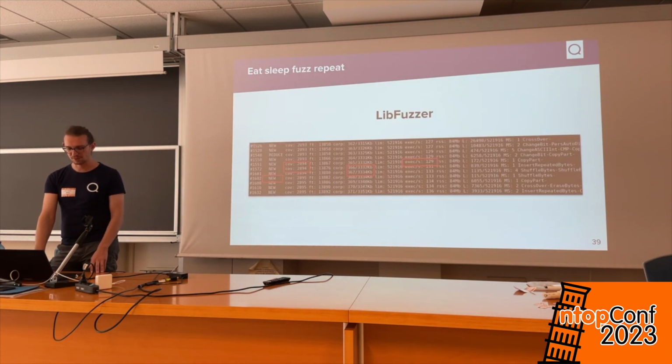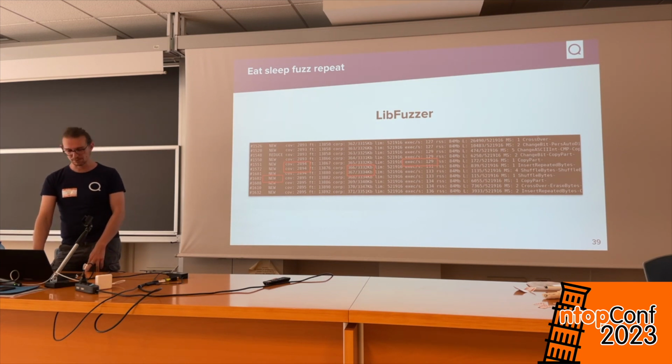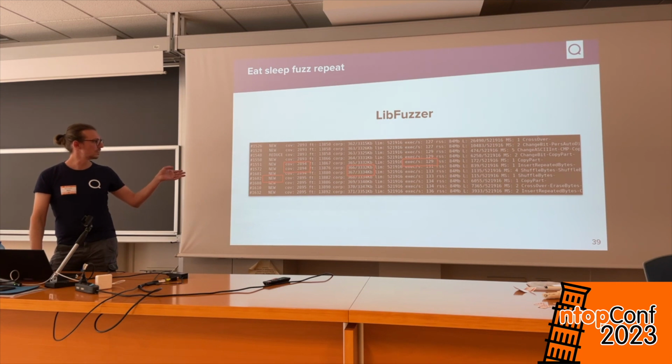So I launched it with the lead fuzzer. This is basically what you see as an interface. Maybe it's a bit small, but on the left side you can see the coverage.